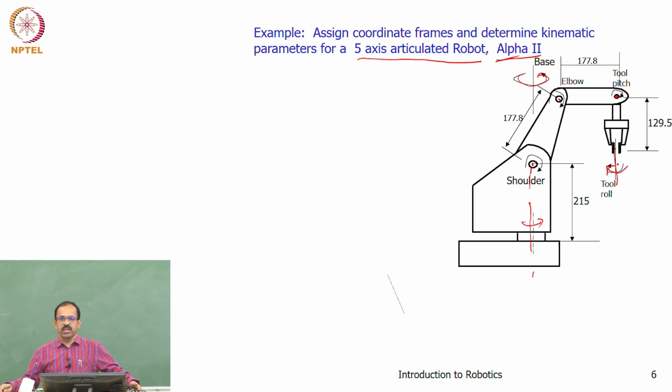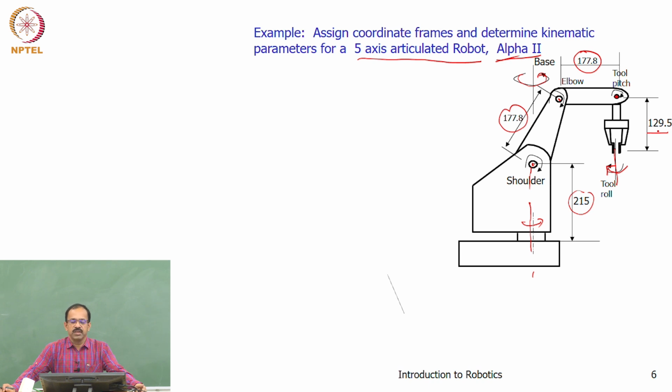There is no tool yaw axis, which is why it has 5 degrees of freedom, not all 6. The dimensions are given like this. From the base to the shoulder is 1.15, from the shoulder to the elbow is 177.8, from the elbow to the pitch is 177.8, and from the pitch to the tool tip is 129.5. So, these are the dimensions given.